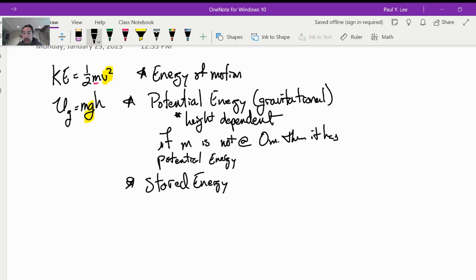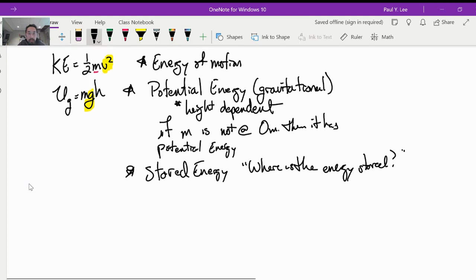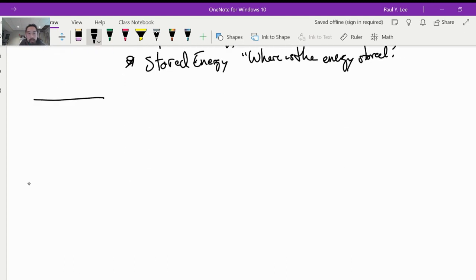If I were to ask you, where is the energy stored? A lot of the time people will say, well, the energy is stored in the object. So let's say we have a table, and that's the floor, and we have a red box on top of the table.